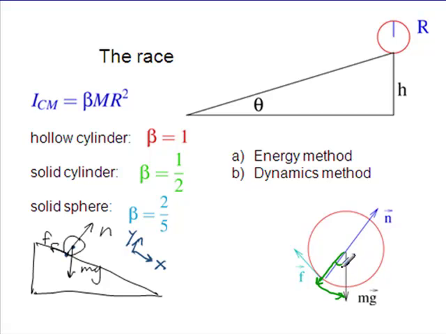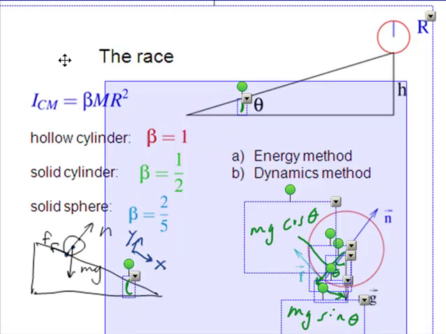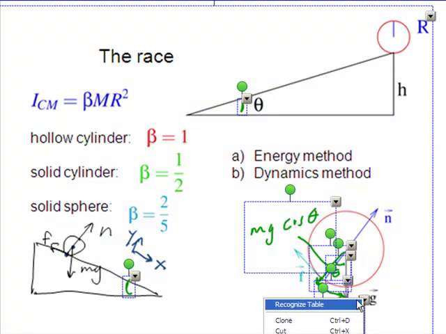This angle up here we already know is the angle theta, same as this one here, or this one here. And that means the term into the board is mg cosine theta. The term along the board is mg sine theta. So group this all together.